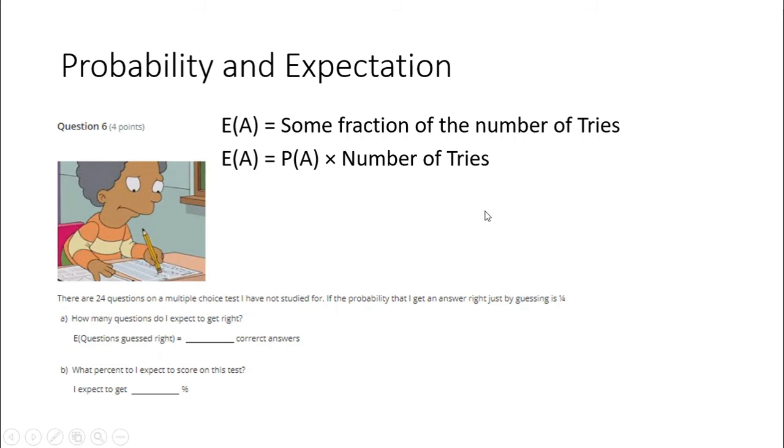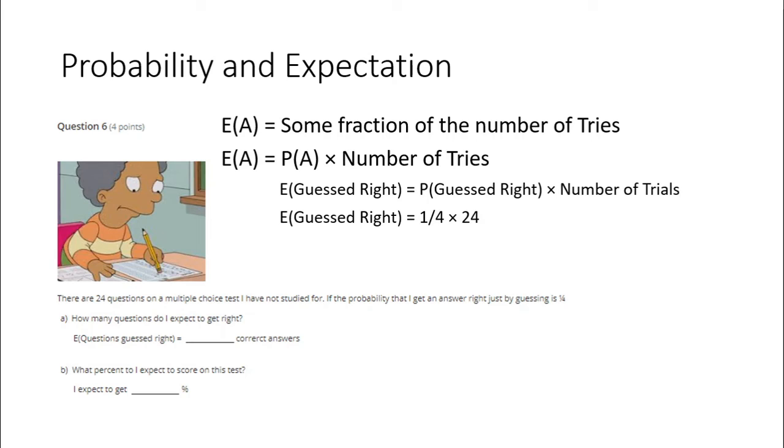So in this exam that I'm taking, where there are 24 questions and the probability of guessing a question right is 1/4, I would expect to guess 1/4 of those questions right. That is, I expect to get 1/4 of those 24 questions right. And 1/4 of 24, or 24 divided by 4, is 6. I expect to get 6 questions right just by guessing.